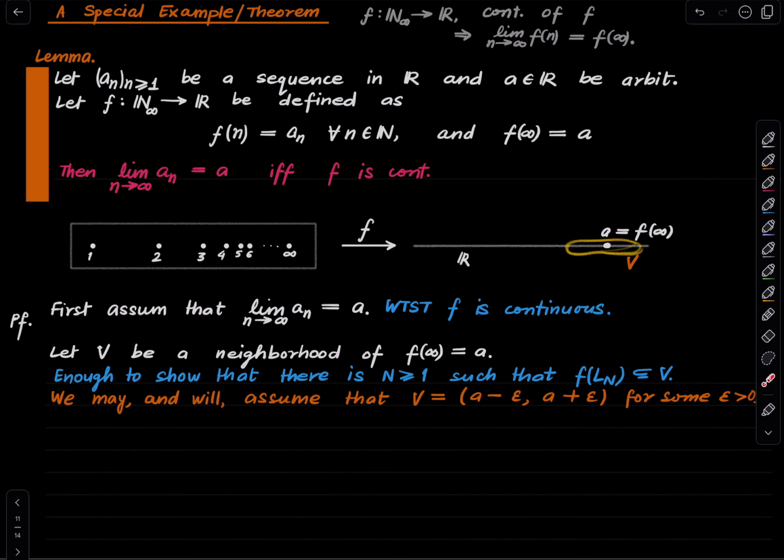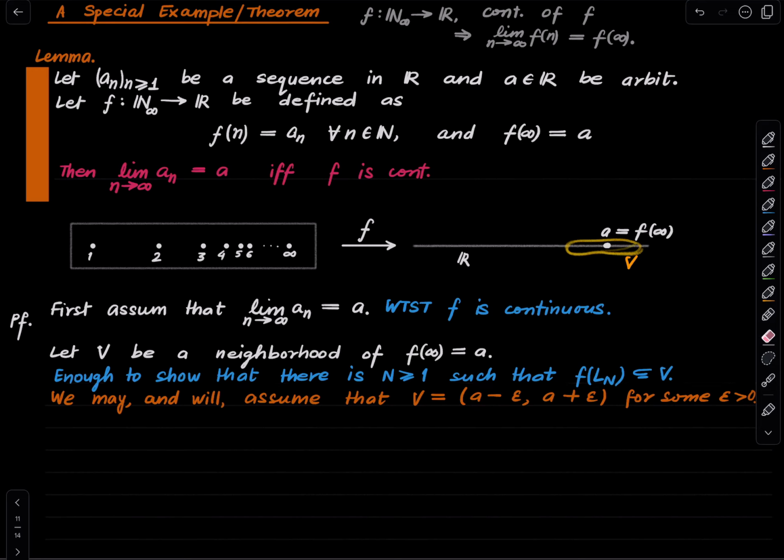Right, because since V is an open set containing A, it contains an interval containing A. So showing that there is some n such that f of L_n is contained in that interval will be better than showing that it is contained in V, because the interval is contained in V. So we might just replace the set V with that interval and argue for that. Okay. Right. So that is where we are.